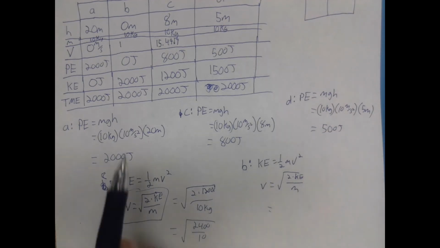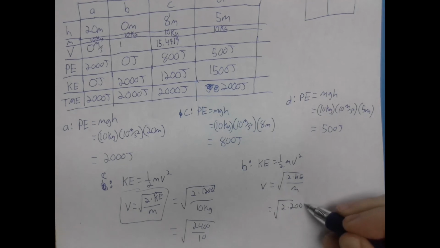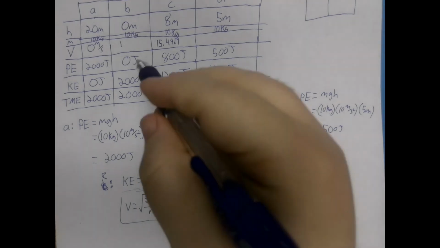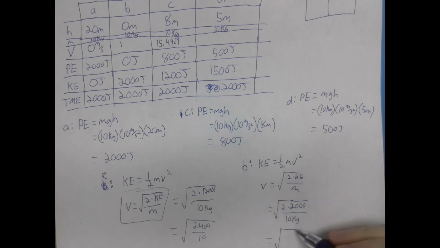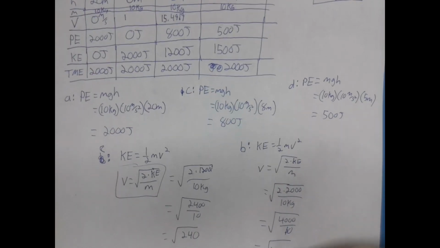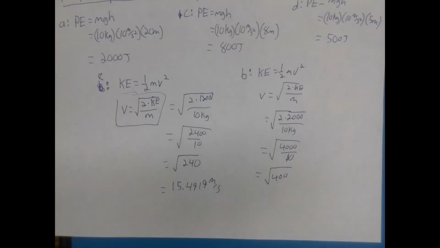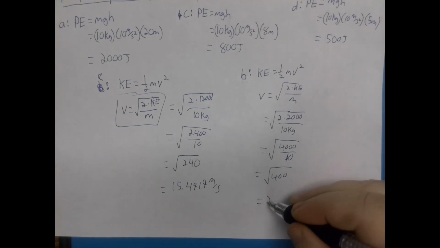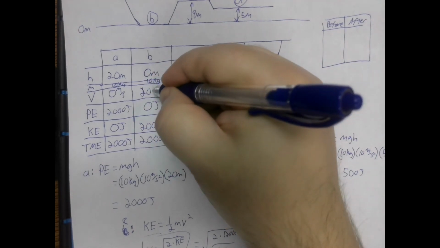For B, the kinetic energy was 2,000 and the mass is 10 kilograms. So that'd be the square root of 4,000 divided by 10, which is equal to the square root of 400, which is 20 meters per second. Then you can come over here and plug in 20 meters per second.